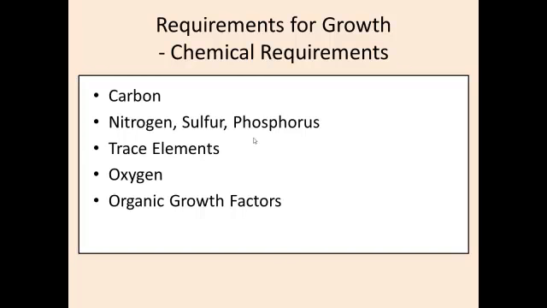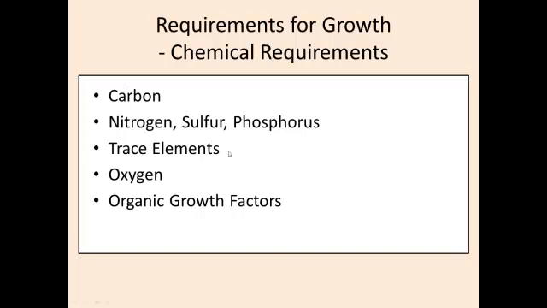What macromolecules need sulfur? Okay, that would be proteins. Some side chains have a sulfhydryl group on them. And for phosphorus, remember ATP and all of that phosphorylation going on? We need a ton of phosphorus. So we need these 4 elements in large amounts. Okay, we also need oxygen, but we're going to talk about oxygen in a little bit.